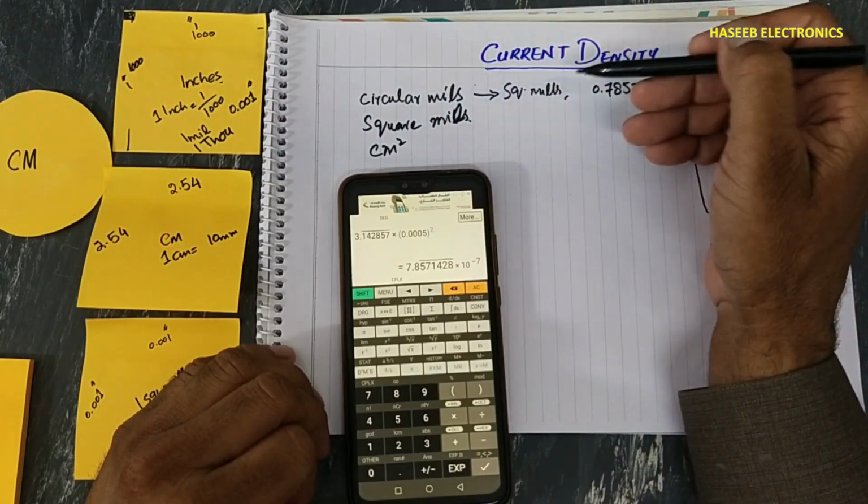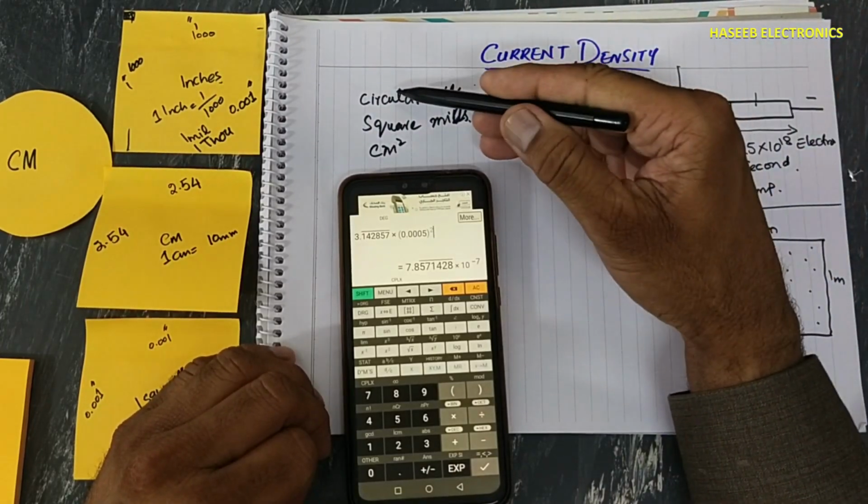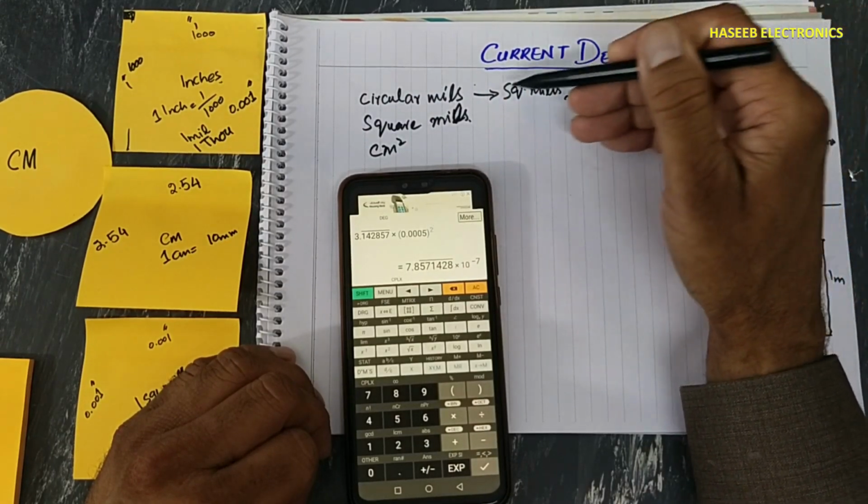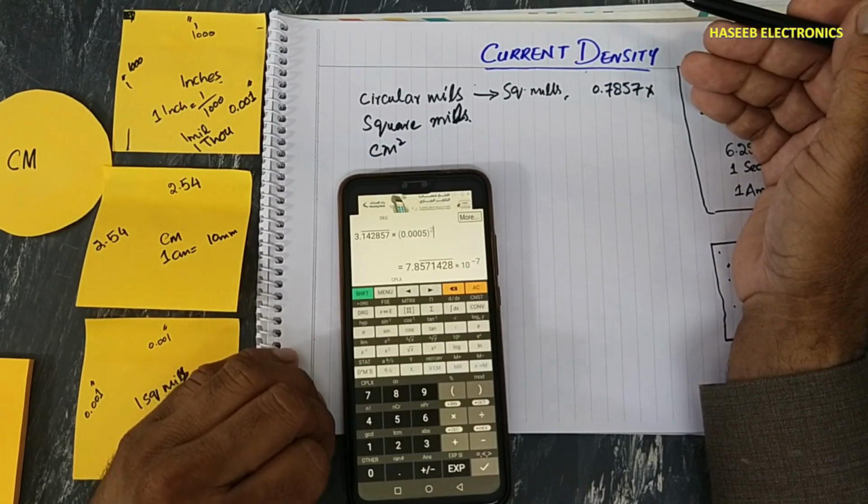So if we multiply circular mils with this number, it will become square mils.